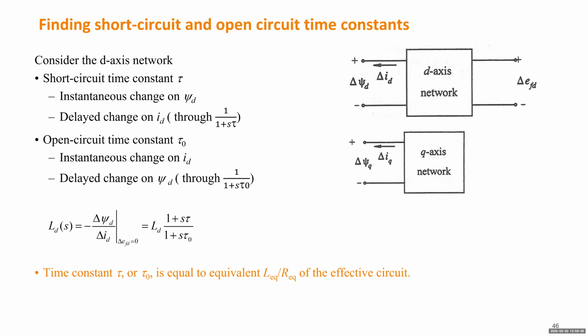You can reasonably ignore anything else which is not related to this dynamic. You can make some approximation here, so finally you only have one L and one R. That defines your tau, and then you put it in this equation. But definitely, you need to study open circuit and short circuit scenarios separately to determine both time constants.